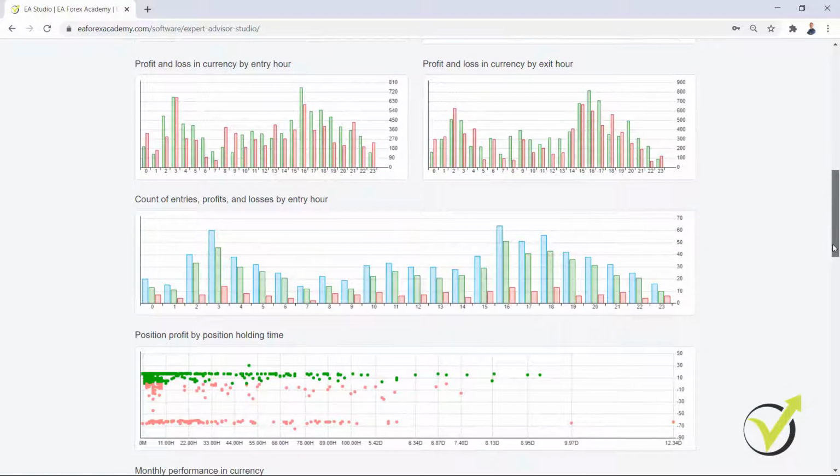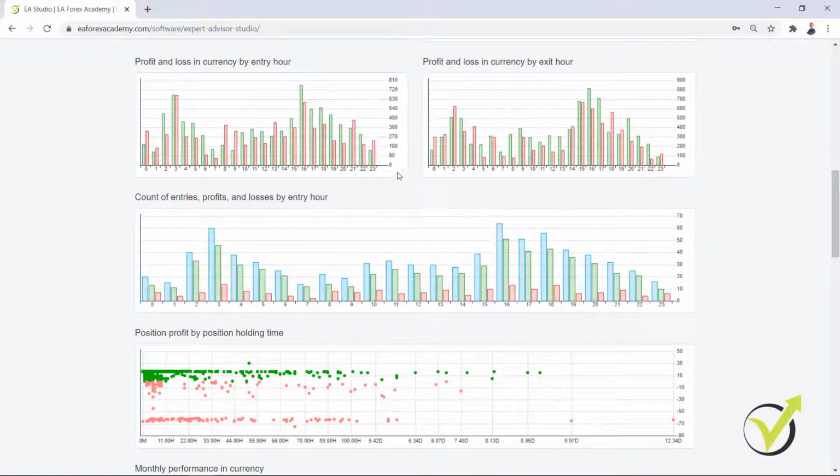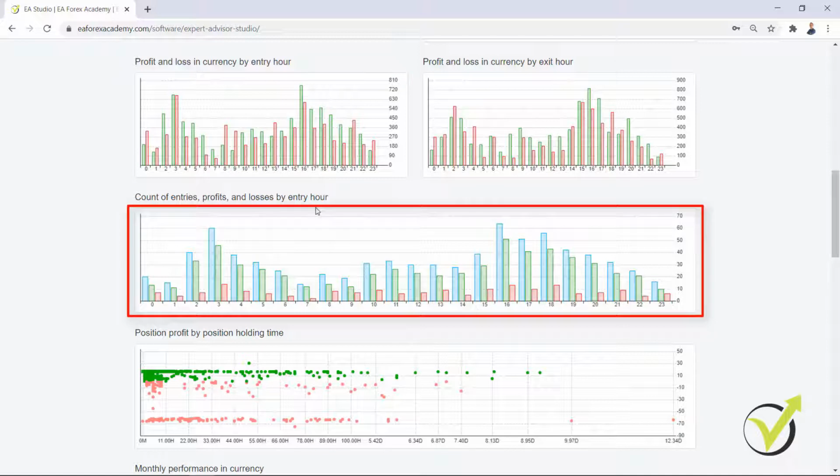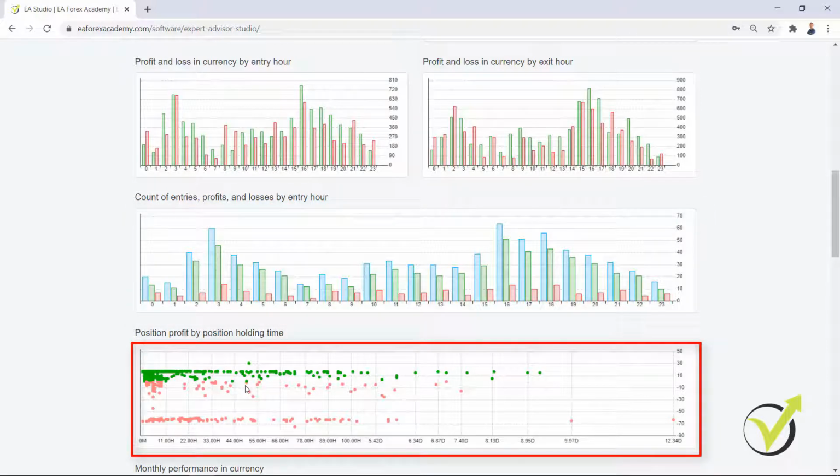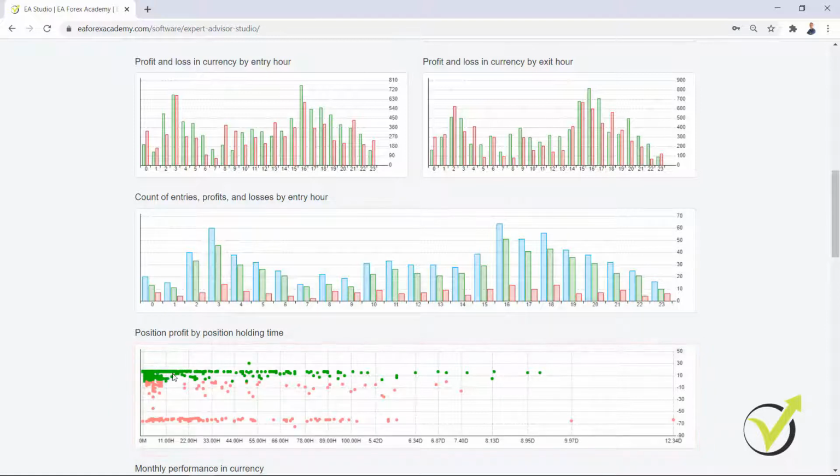Okay, and if I scroll lower, you will see much more information, and you can see the profits and losses by entry hour. You will see the position profit by position holding time. So what that means is that the most profitable trades are just in the first hours.